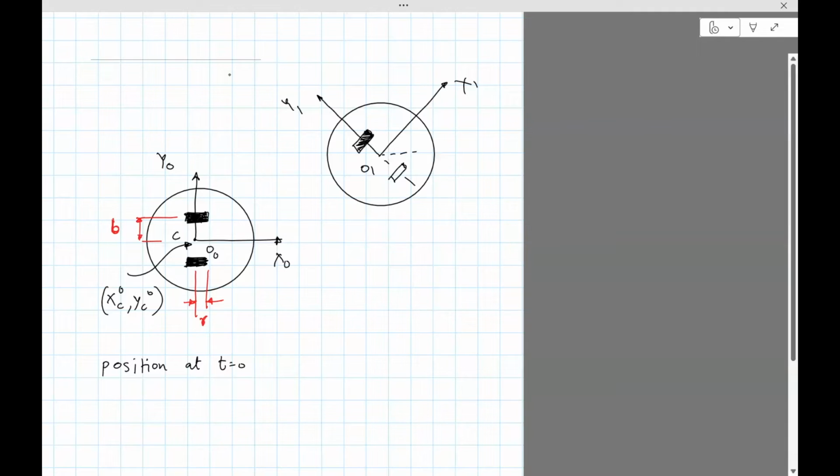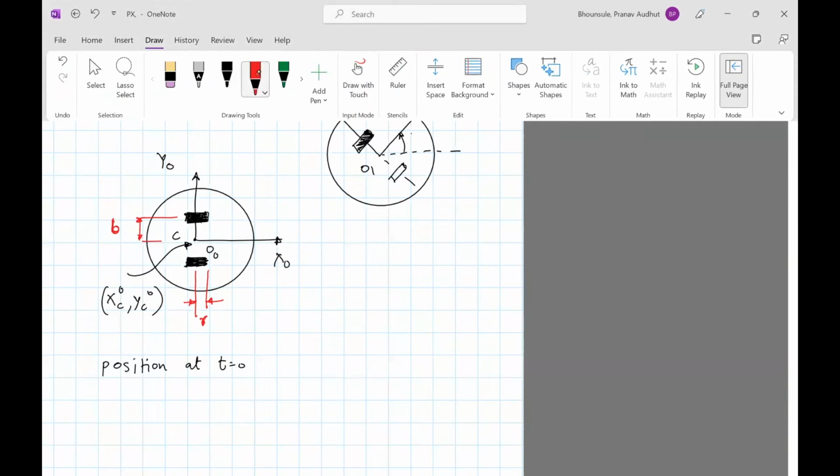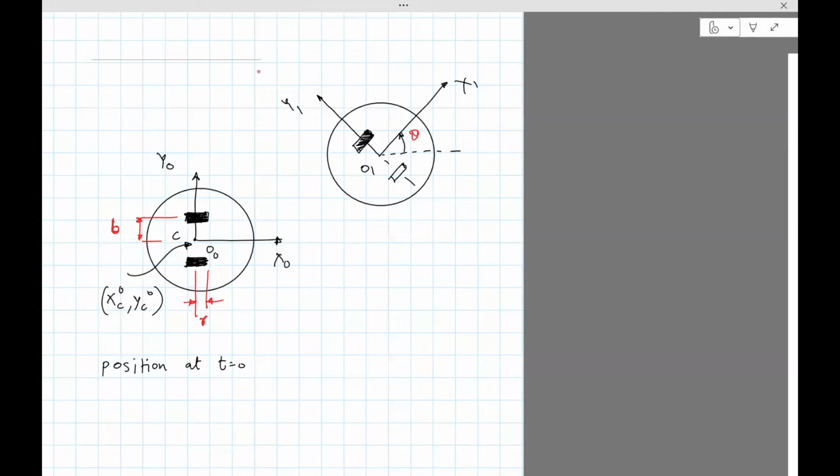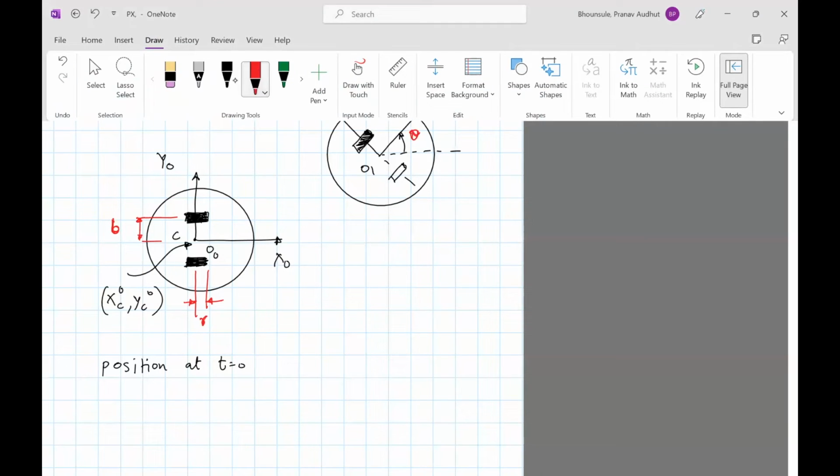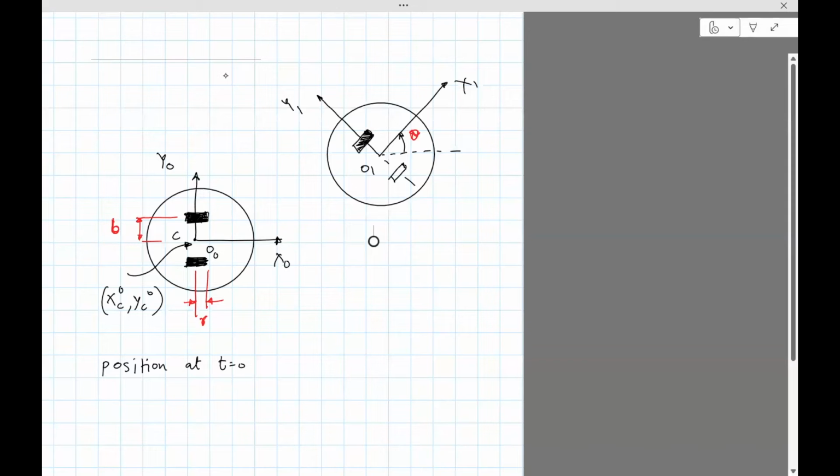So in the process, it basically has rotated by an angle theta. So I'll show that here. And clearly this point now, the point which was midway, I'll denote that as xc, yc, but in frame 1. So I put 1 as a superscript, right?